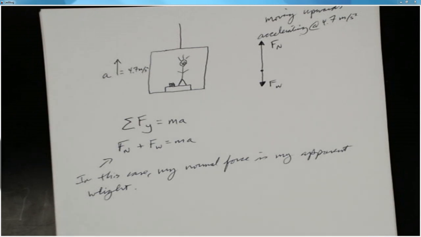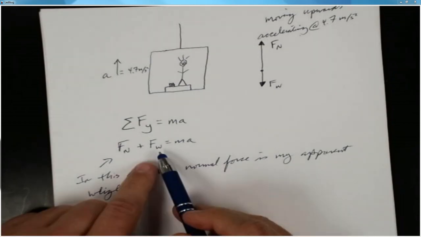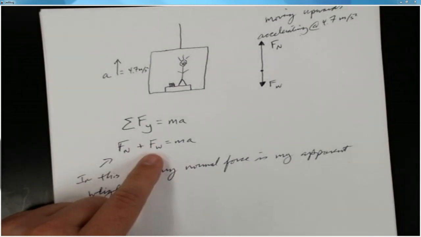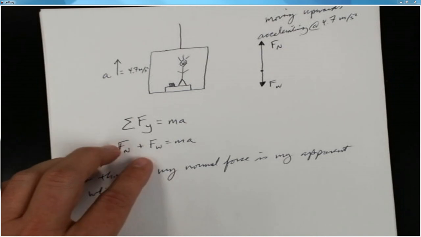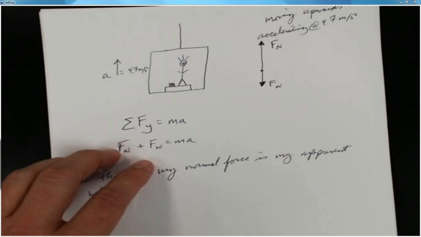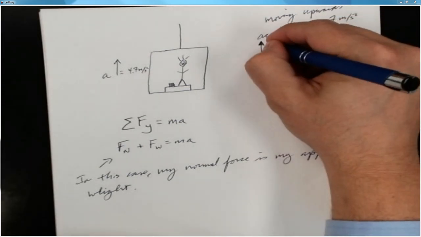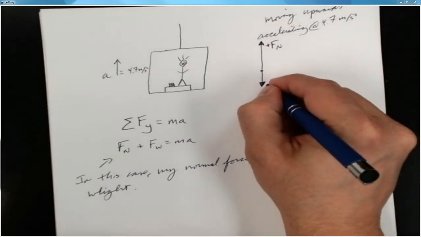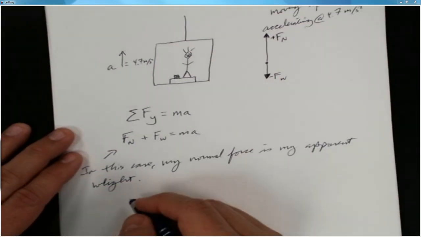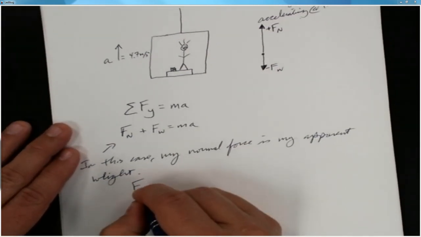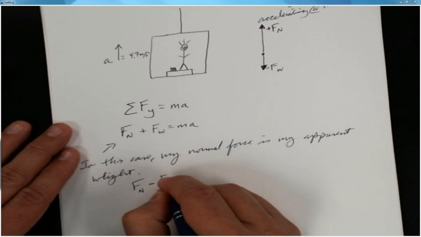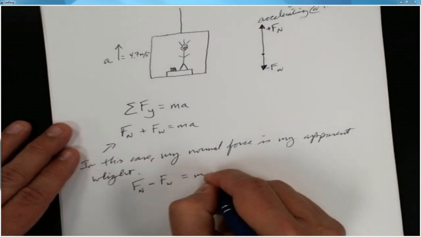But before I go messing around with that, I need to think a little bit. So look here. These are in different directions, aren't they? So they should have different signs. Which one's going to be positive? The normal force, because it's up, see? So this is going to be positive. And then that means that, of course, my force of weight has got to be negative. So then I'm going to rewrite this to be this. Force of normal minus my force of weight is equal to ma.